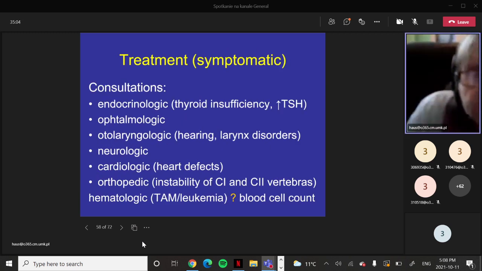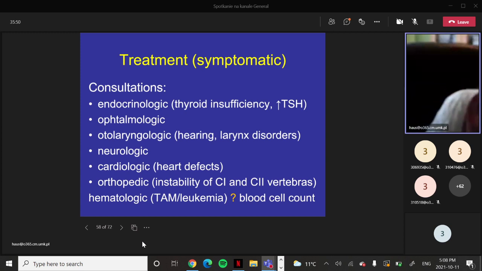And what about today's treatment? Symptomatic treatment. Children with Down syndrome should undergo many consultations: endocrinologic, because of thyroid insufficiency; ophthalmologic, because even up to 50% of children have ophthalmologic problems; otolaryngologic, because of hearing problems and also because of larynx disorders, because of larynx hypotony.